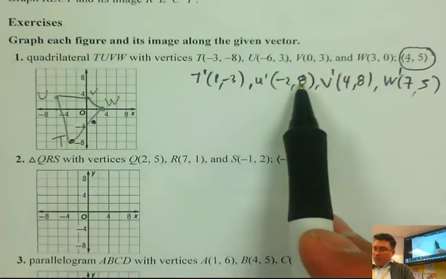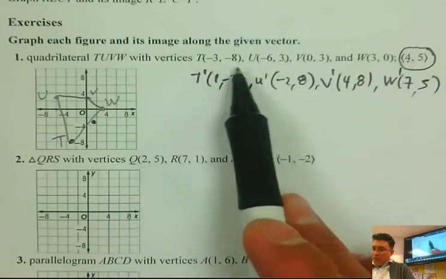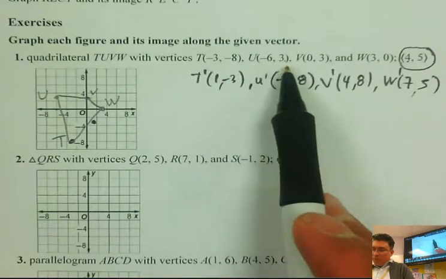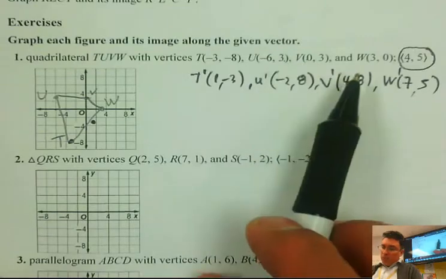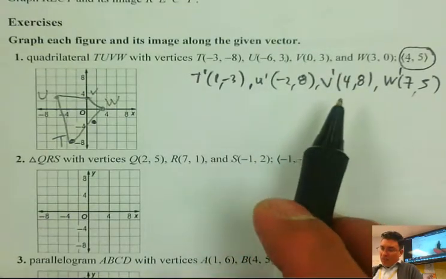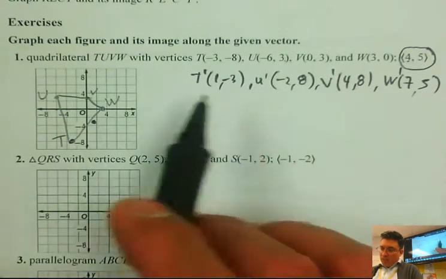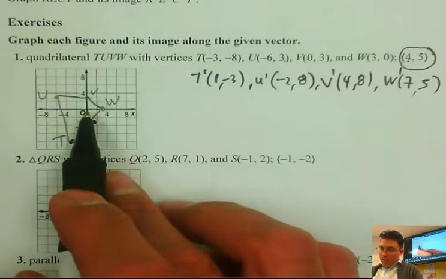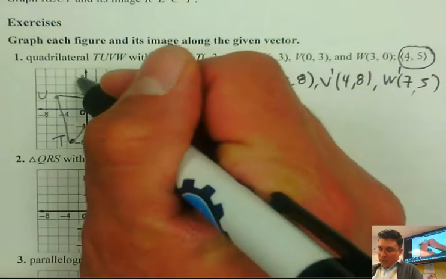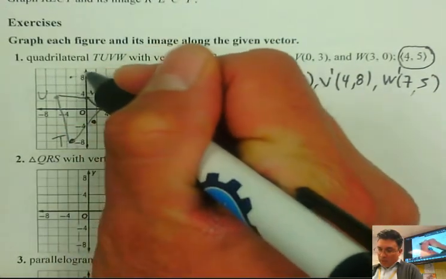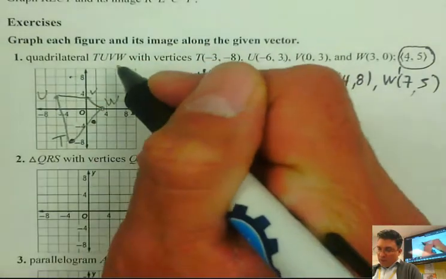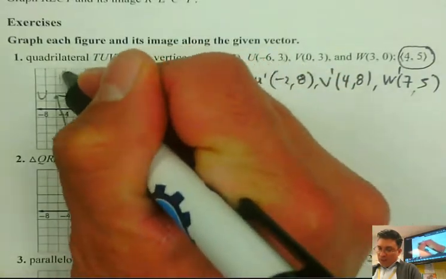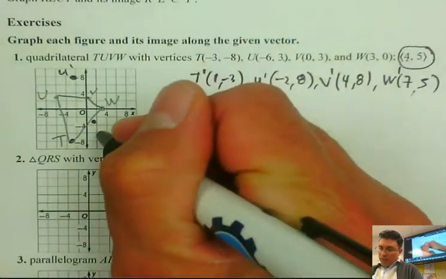Oh, no. Yeah, positive. So this is -2, and negative 2 and 8, up to here. Oh yeah, that makes sense. This is U prime, this is T prime.